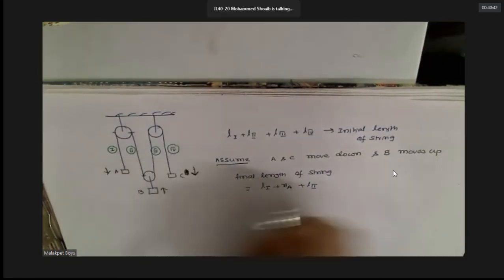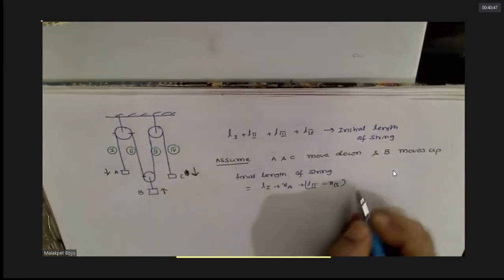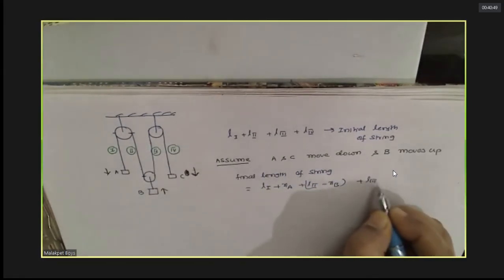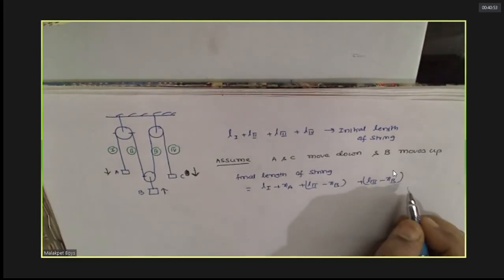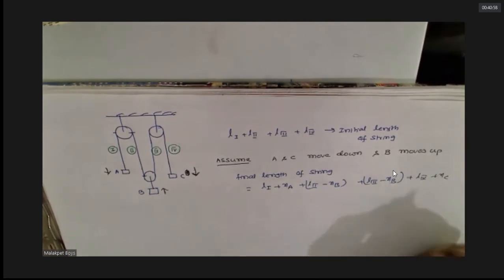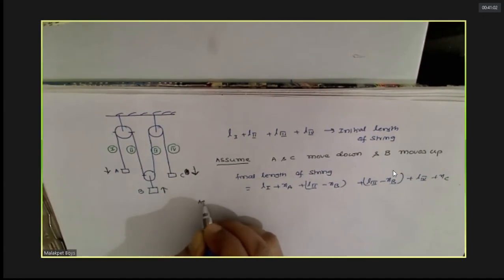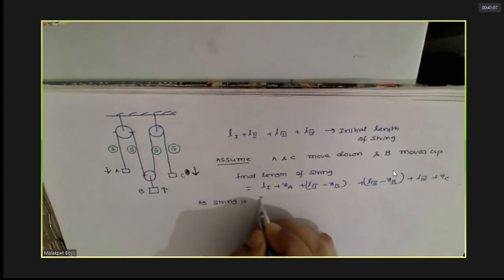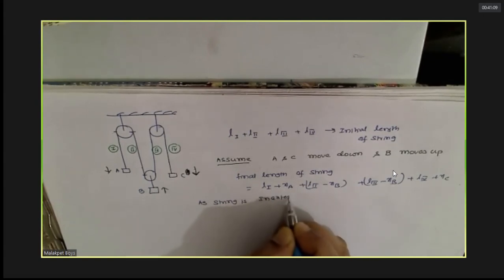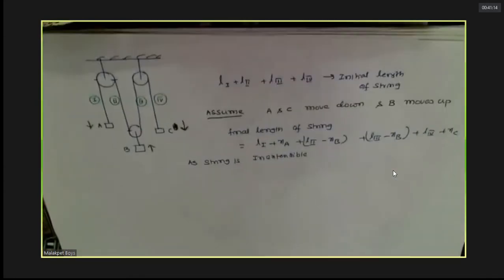Why minus? Because B is going up. This is also the same case. L3 plus XC. Now initial length should be equal to final length, no?